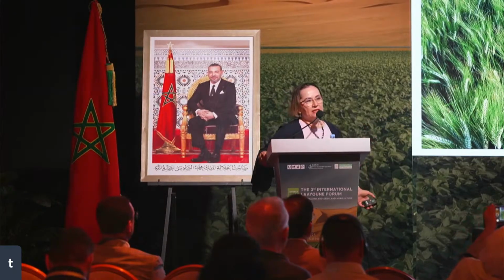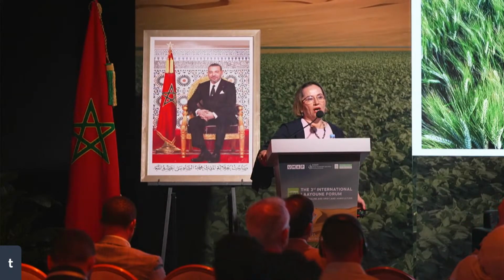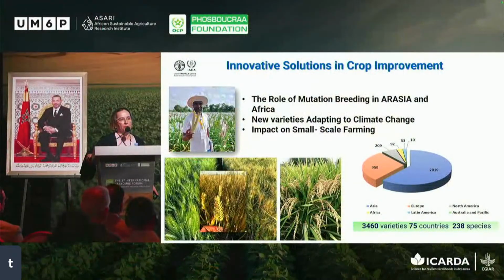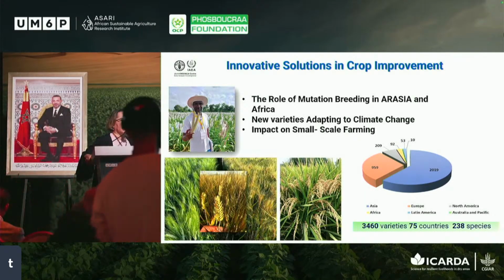So this is according to our database. This is an official IAEA database, but volunteer-based. More than 3,400 varieties have been released and are being cultivated by small-scale farmers. As I said, this is volunteer-based, and for example, China, according to our records, has 800 varieties, but I know that China has almost 2,000 varieties, 300 from space breeding, which are still in process to enter this database.